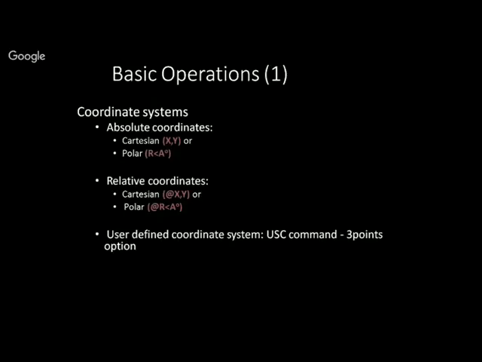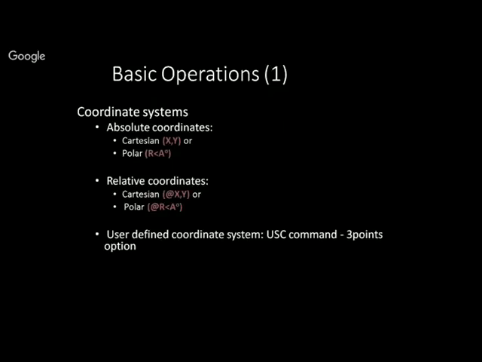And if you are talking of polar coordinates, then under polar coordinates you have to give the length dimension of a line or arc, whatever it is, and then the angle at which it should be placed, right?